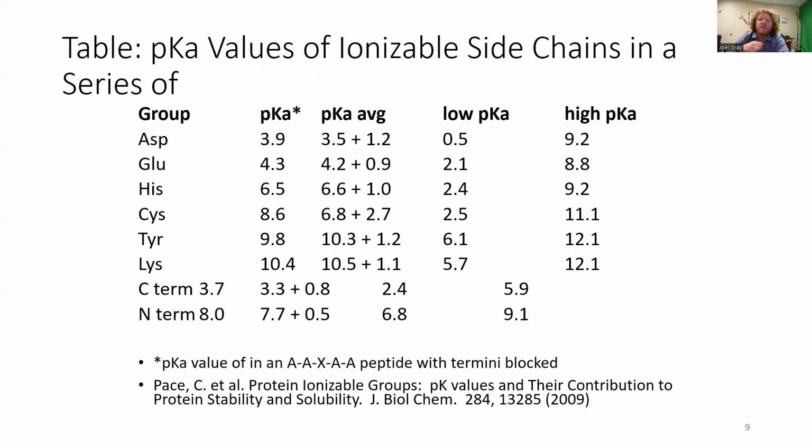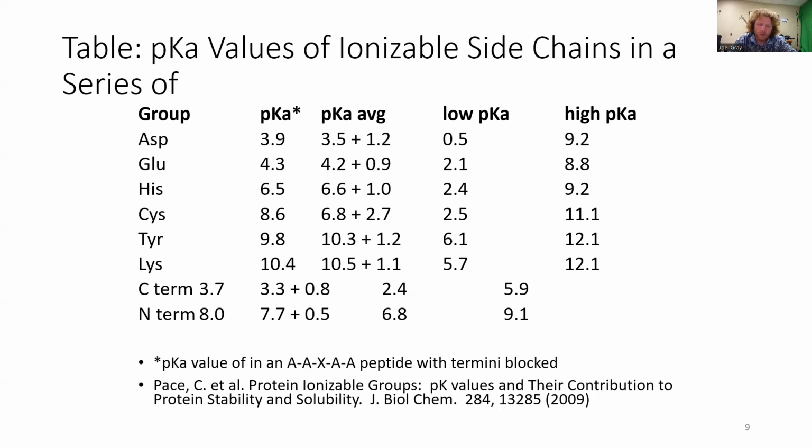And what they found was that the pKa average, with a bunch of different titration curves that they did, was as low as, I guess that would be 2.3 and as high as 3.7. So that pKa average tells us what experimentally was observed when this synthetic polypeptide was synthesized.